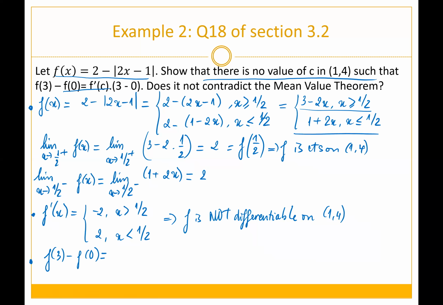If you plug 3 and 0 into the equation of f(x), you have 2 minus 6 minus 1 is 5, 2 minus 5 is -4, for 3, and then for 0 you have 1, which is gonna be -4. So you need to find f prime of c equal to -4/3 on 1 to 4.